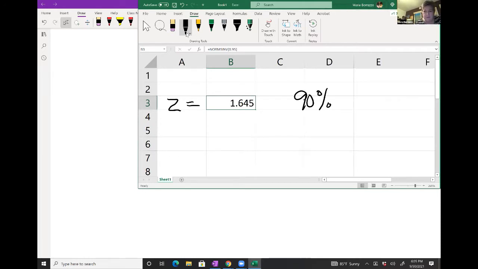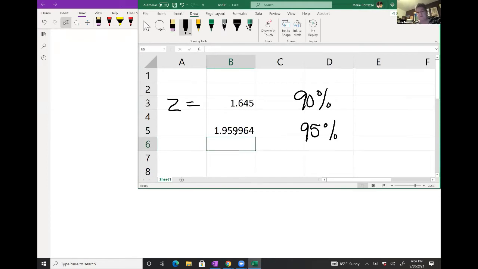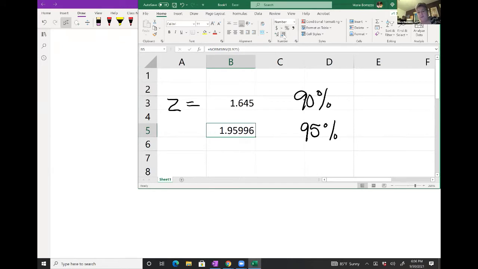The next very common confidence interval is 95%, which obviously 5% split in half is 0.025. So here, I'm going to look up equals NORM.S.INV again, but this time I'm going to put in 0.975, which means that this Z equivalent is about 1.96, and that does not change.